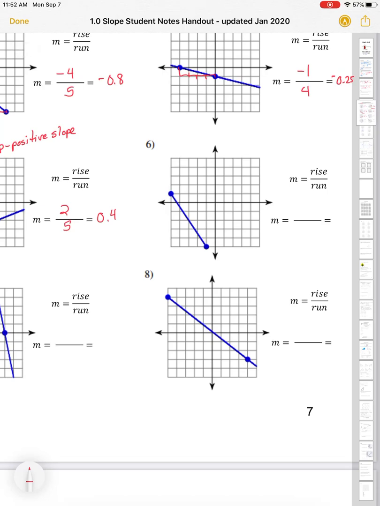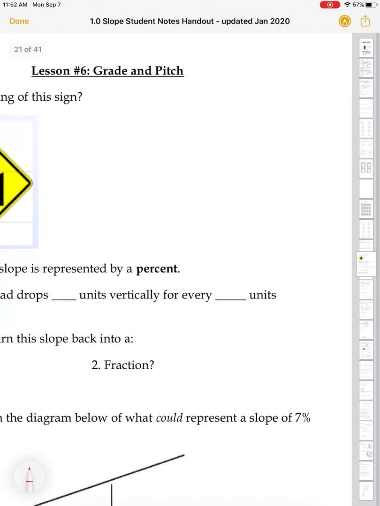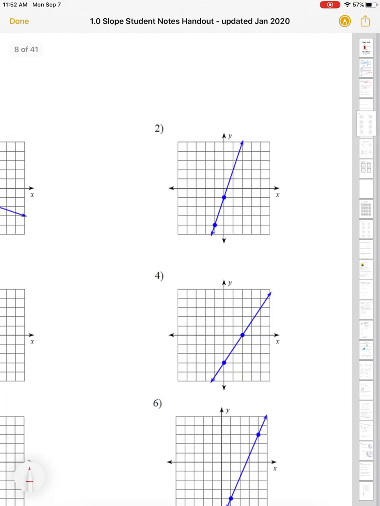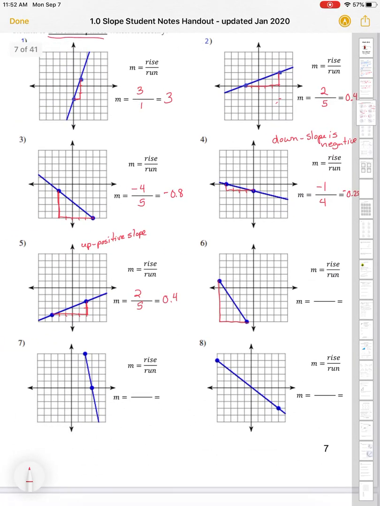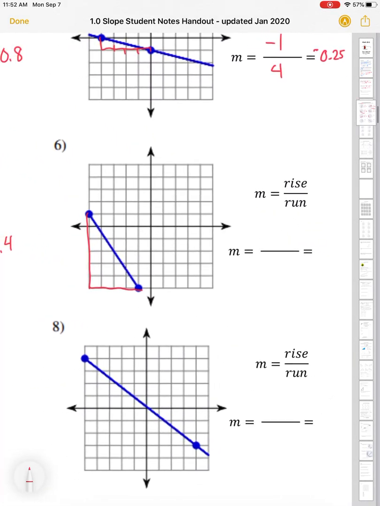Okay, so let's look at number 6. Oops, sorry, Mrs. Finley accidentally touched the wrong page on the sidebar there. So looking at number 6, it's going down, so the slope will be negative.